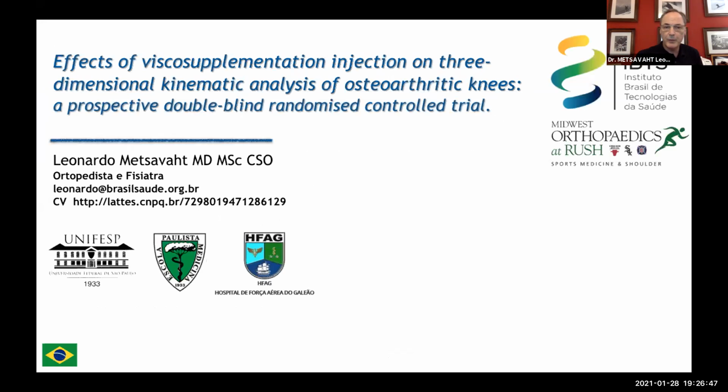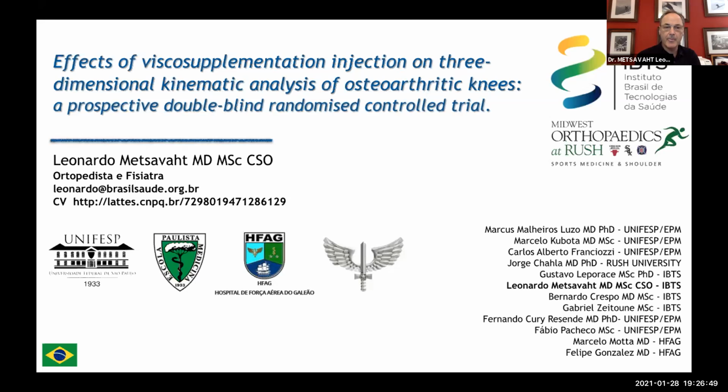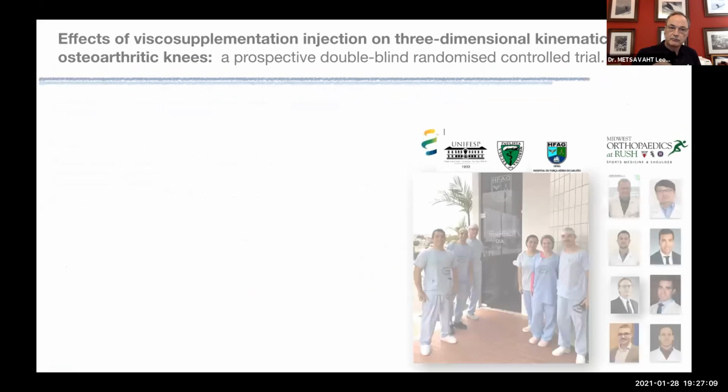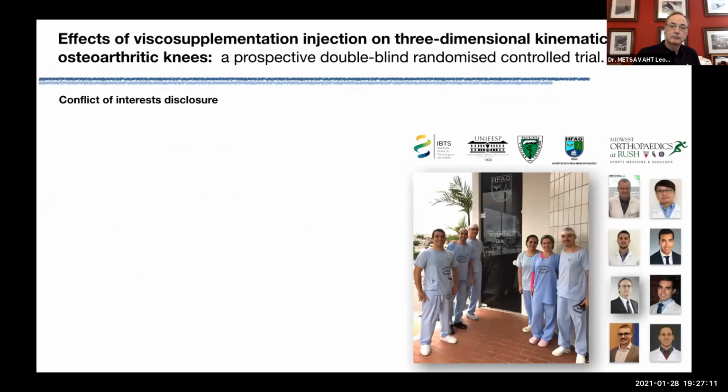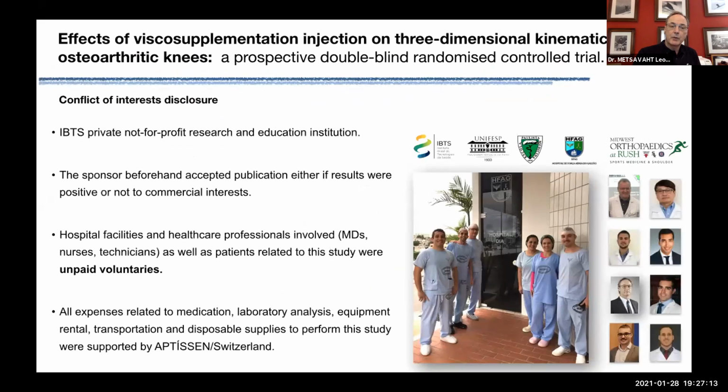So we were motivated to start our study about the effects of viscosupplementation through three-dimensional kinematic analysis of knee osteoarthritis. We conducted a prospective double-blind randomized controlled trial. We are a not-for-profit institution.